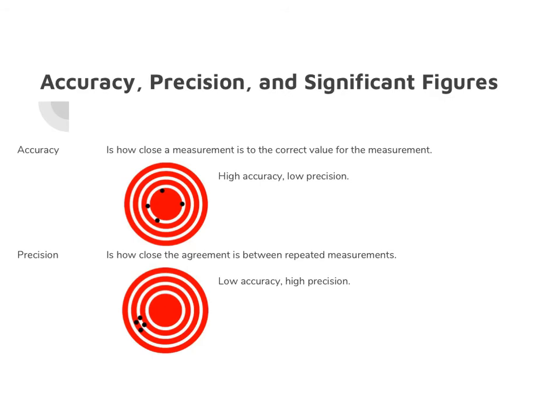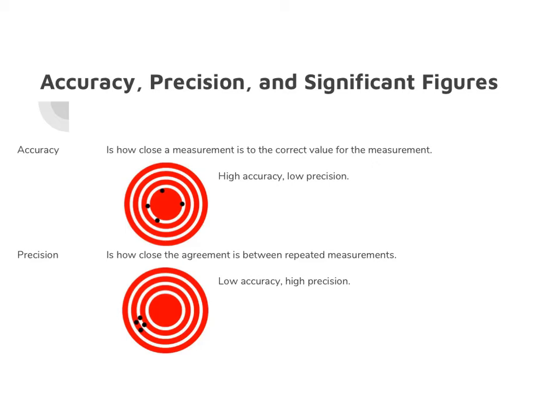So accuracy, precision, and significant figures. Oh, how fun. Accuracy, we're going to define here, is how close a measurement is to the correct value for the measurement.